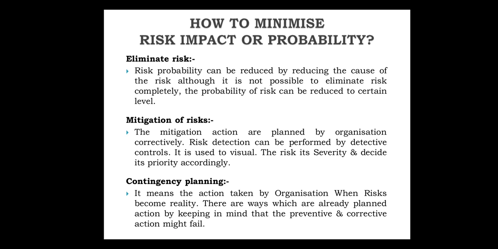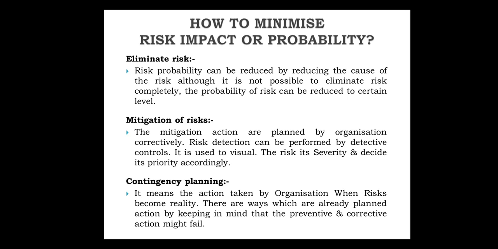Okay, the next is the contingency planning. It means the actions taken by the organization when the risk becomes reality. So contingency planning means there must be a backup plan already created in case the risk becomes a reality.